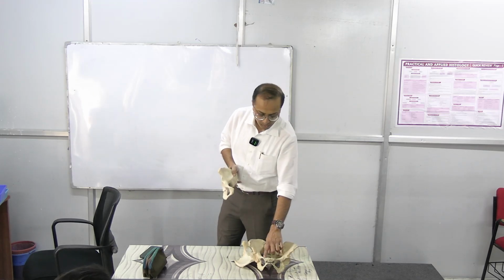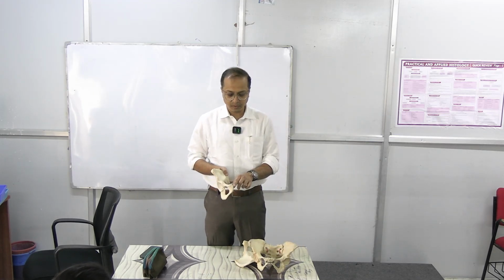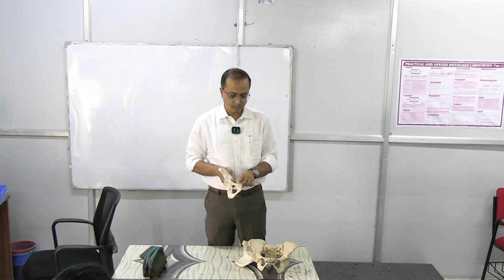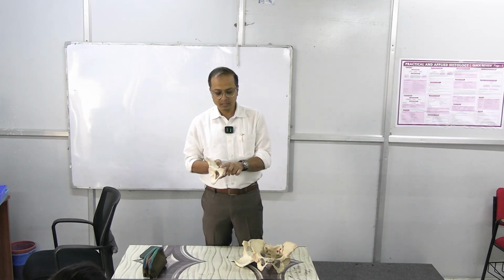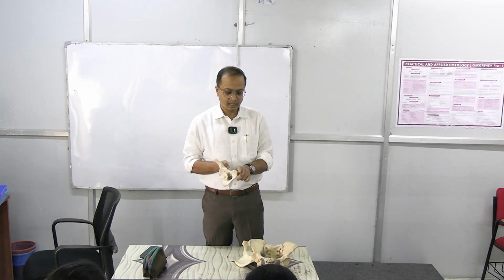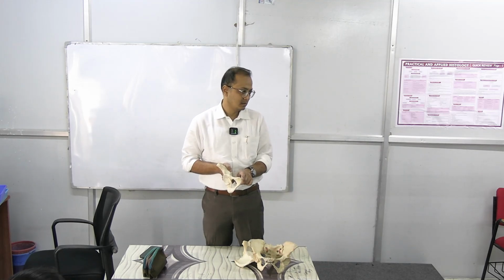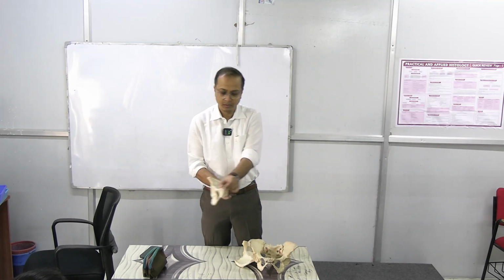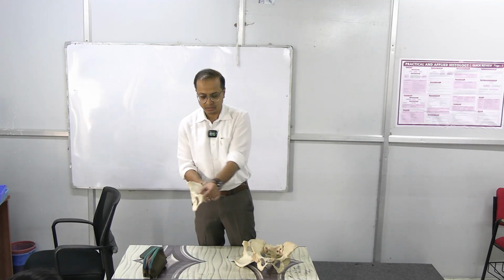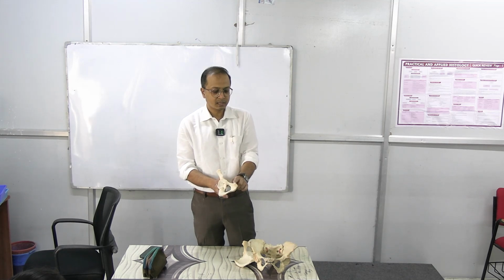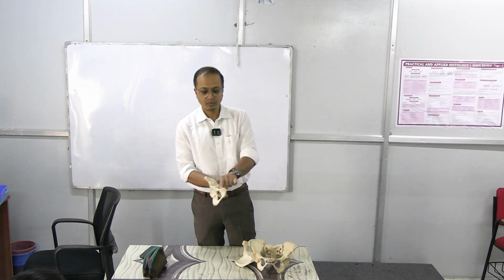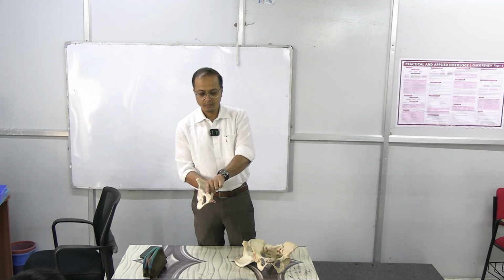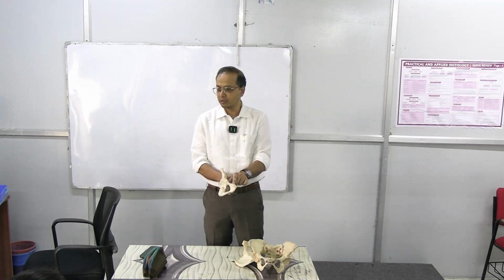This superior border is present from the medial border or medial end to this particular point where you can see a bony prominence. Till this part we call the pubic crest. In between this region we call the pubic crest. This pubic crest is limited by this bony projection, which is a bump, and we call it a tuberosity or tubercle.